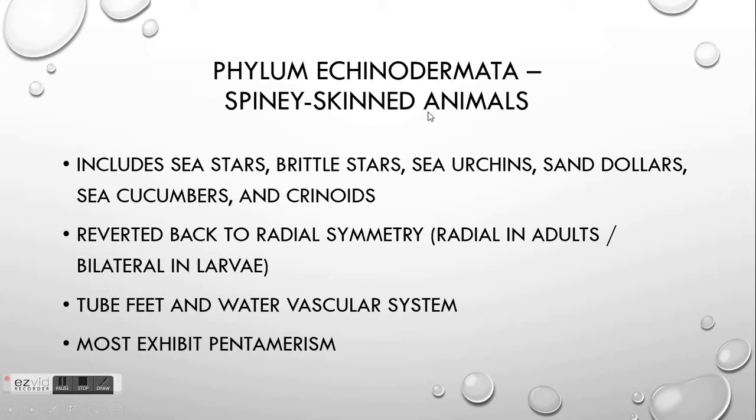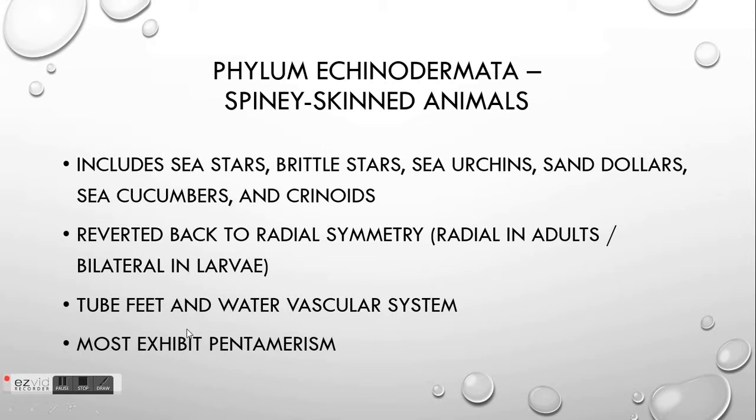Phylum Echinodermata, they are spiny-skinned animals. They include sea stars, brittle stars, sea urchins, sea cucumbers, and crinoids. They have reverted back to radial symmetry. The tube feet and water vascular system exhibit pentamerism.